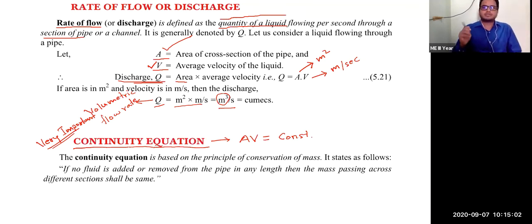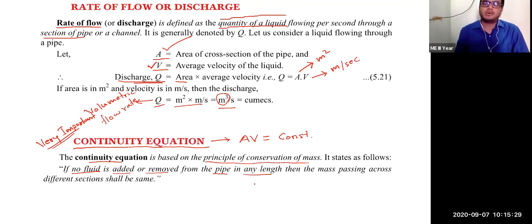Now see the statement of this, what I have written here. Continuity equation is based on the principle of conservation of mass. It states that if no fluid is added or removed from the pipe in any length, then the mass passing across different sections will remain the same.